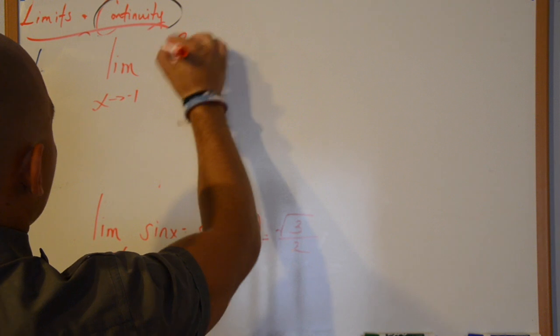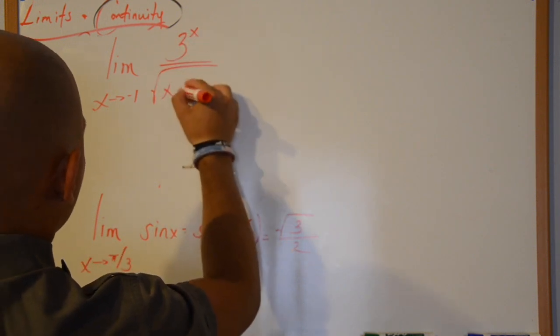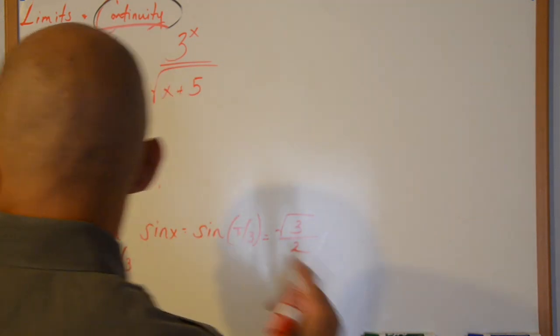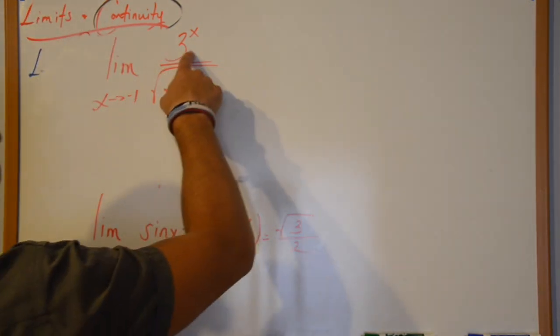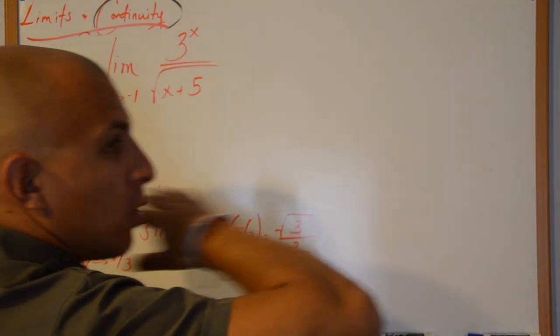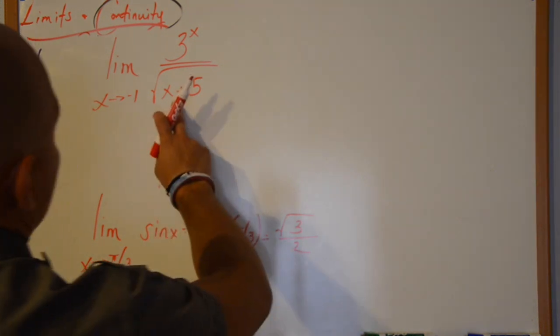Let's make this one a rational function. But based on that most recent theorem, if we take a look at this function, it's exponential. That means it is continuous, especially at that value, in addition to the denominator.